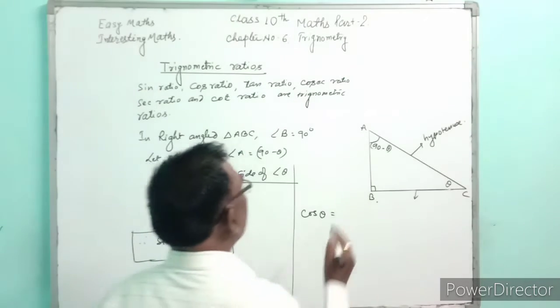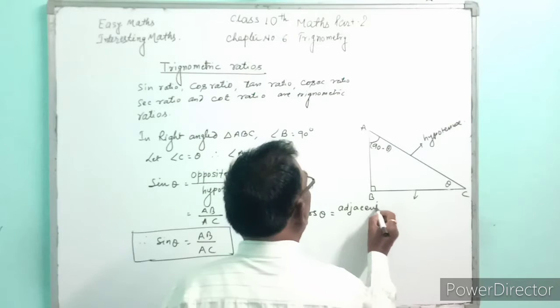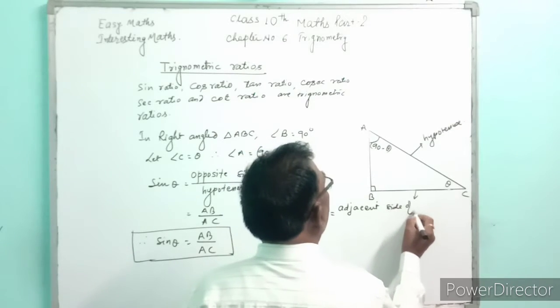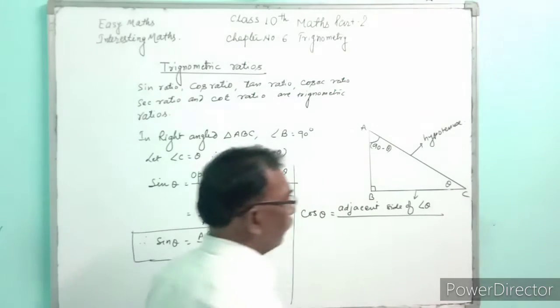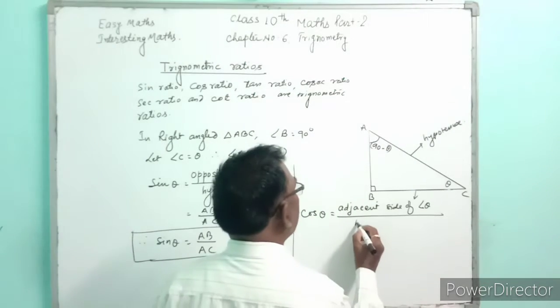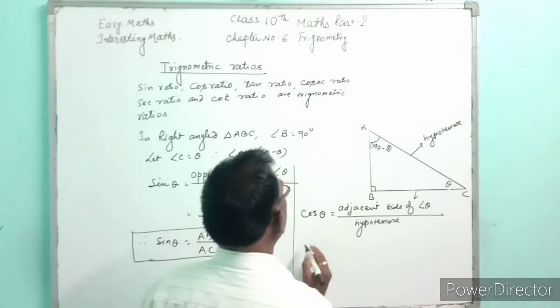Cos theta is equal to the adjacent side of angle theta upon hypotenuse.